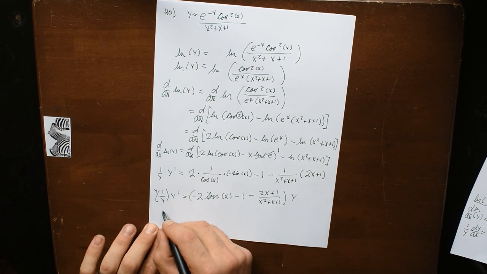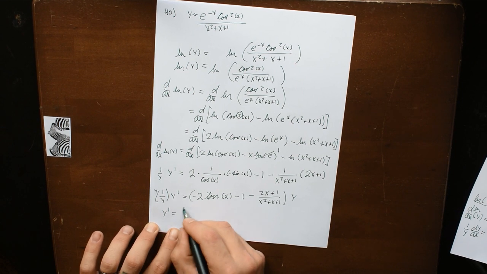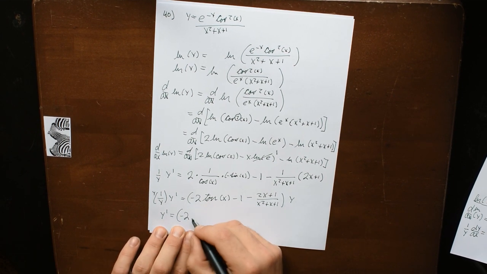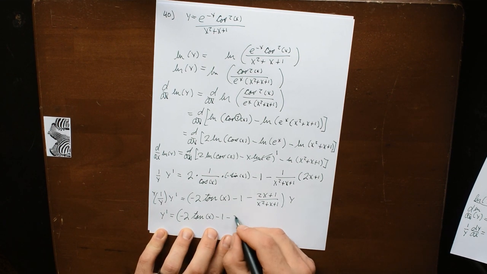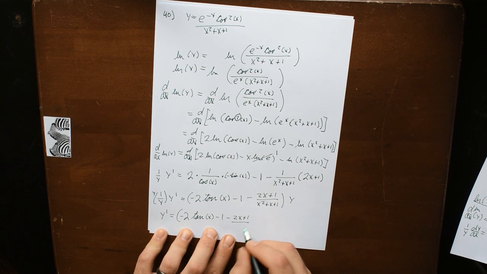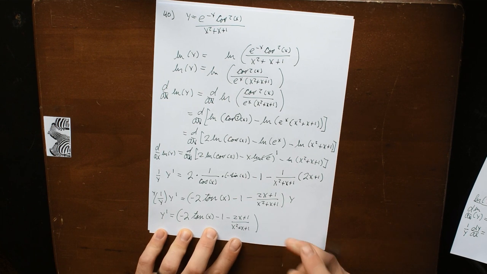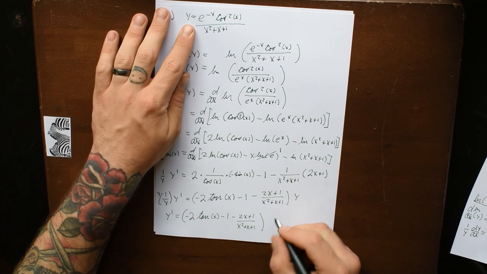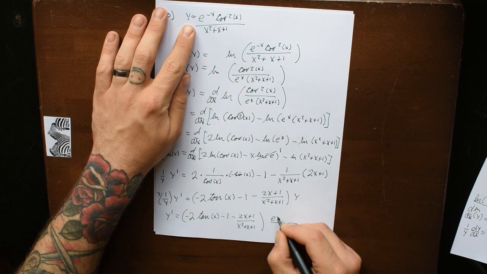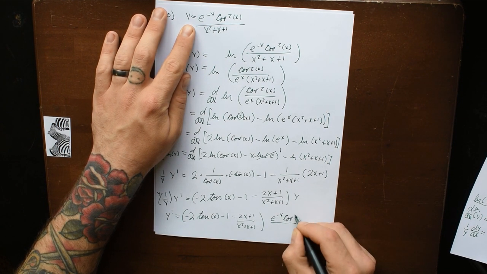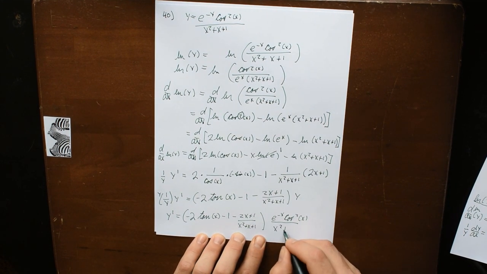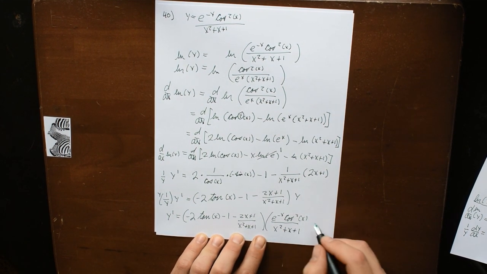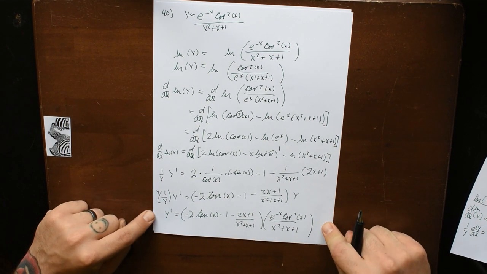What that tells us is y prime is equal to negative 2 times the tangent of x minus 1 minus 2x plus 1 over x squared plus x plus 1, all times y, which is e to the negative x cosine squared of x all over x squared plus x plus 1. And that's it. That is our beautiful derivative for that thing.